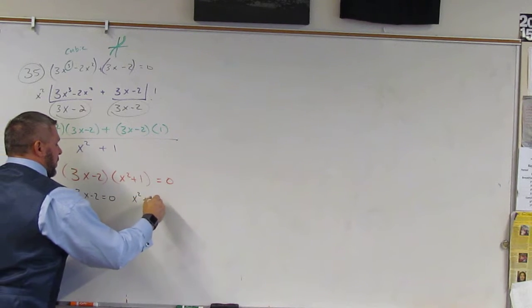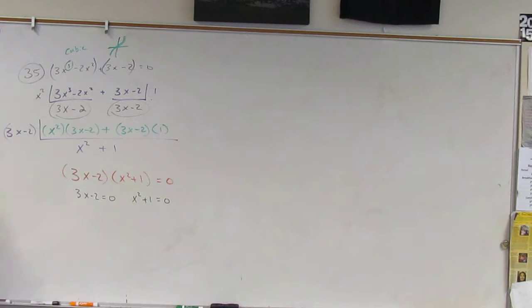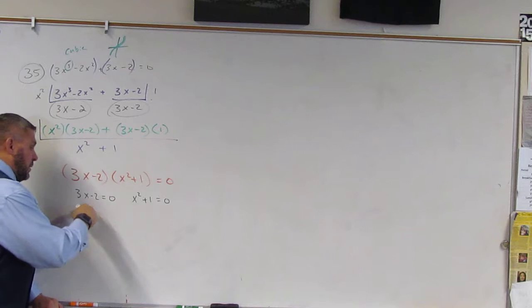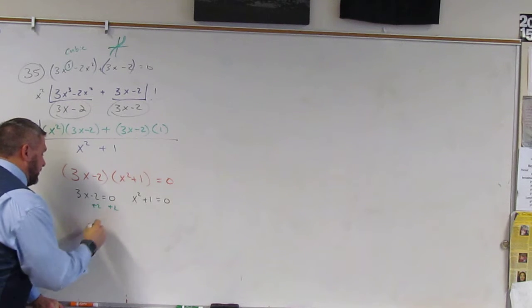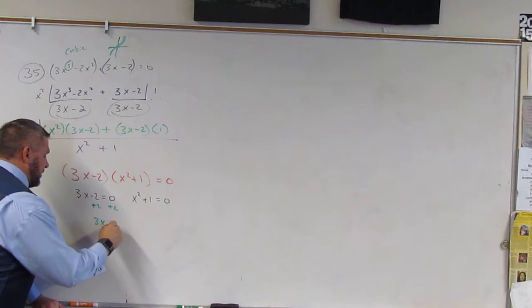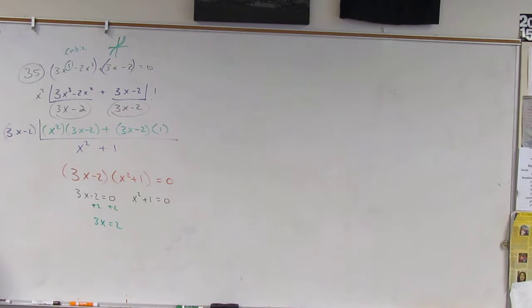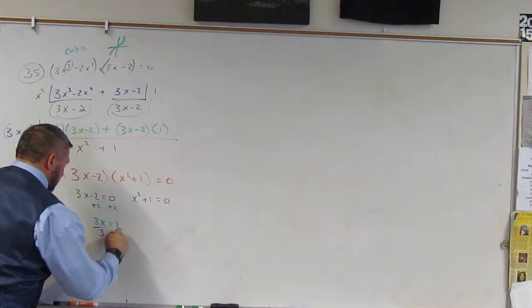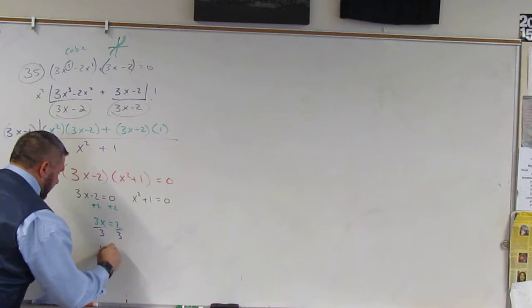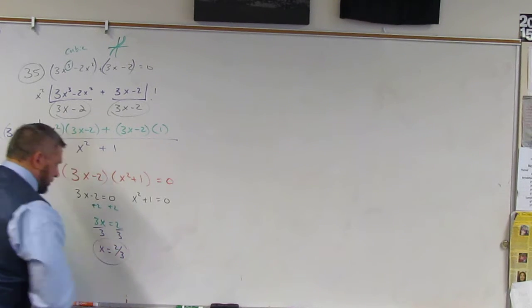X squared plus 1 equals 0. And then solve. Add 2, add 2. 3x equals 2. Divide. X equals 2/3.